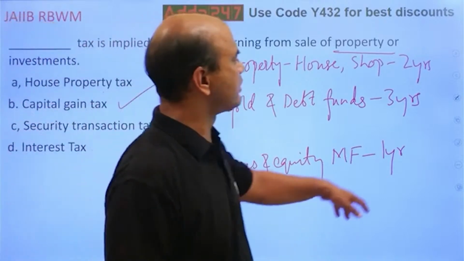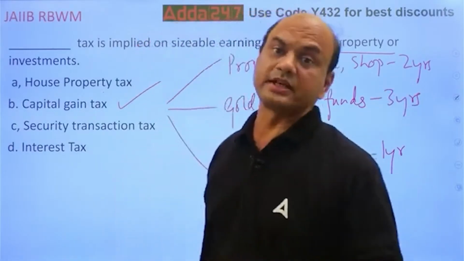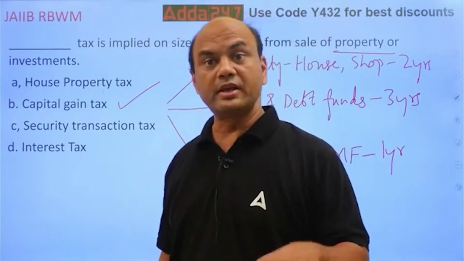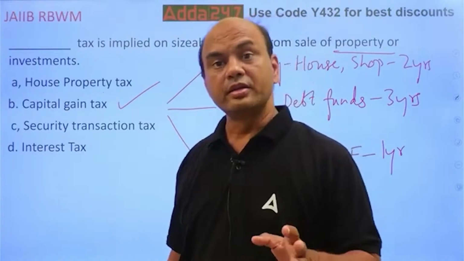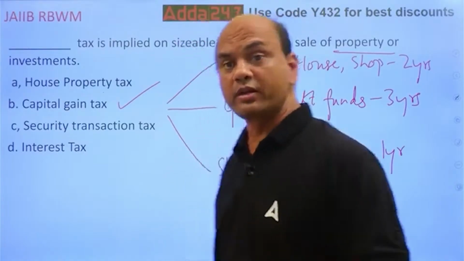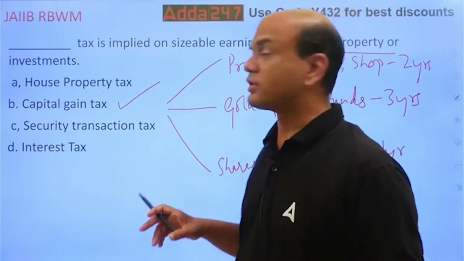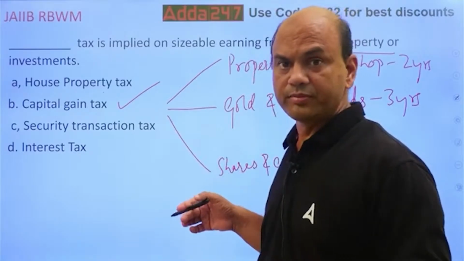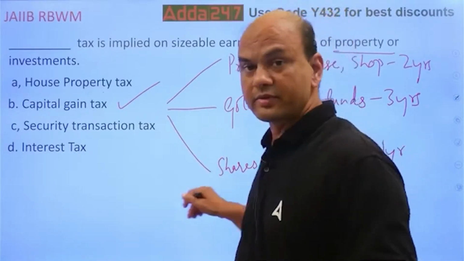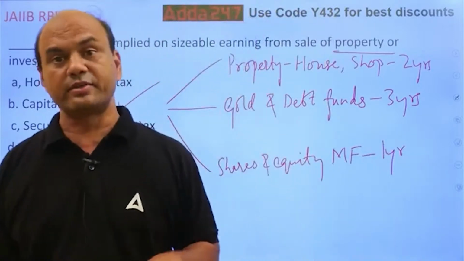As it goes long-term, the rates change immediately. Capital gains rates are not the same for all of them. If you go for short-term capital gains, again the rates are different.